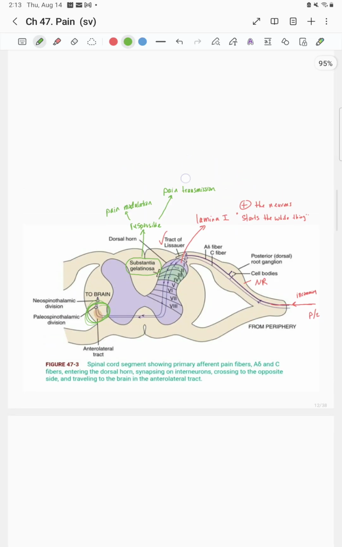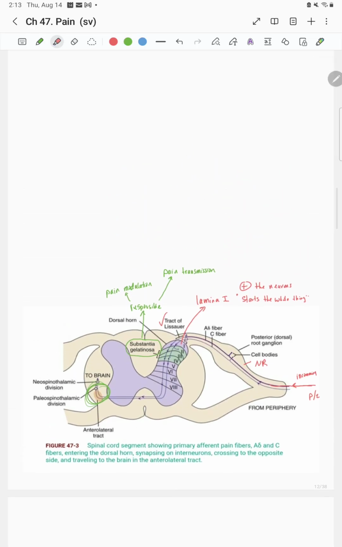All right, another thing that's going to help with pain modulation is GABA, which stands for gamma-aminobutyric acid.